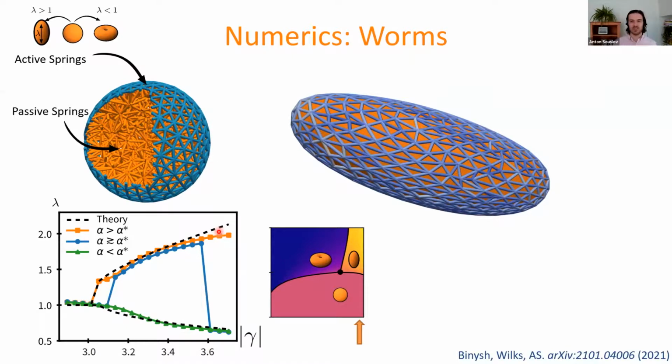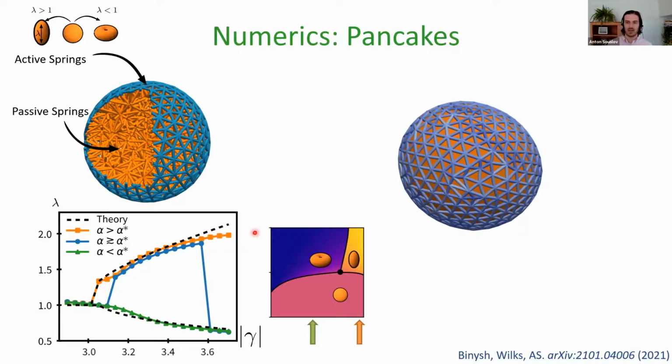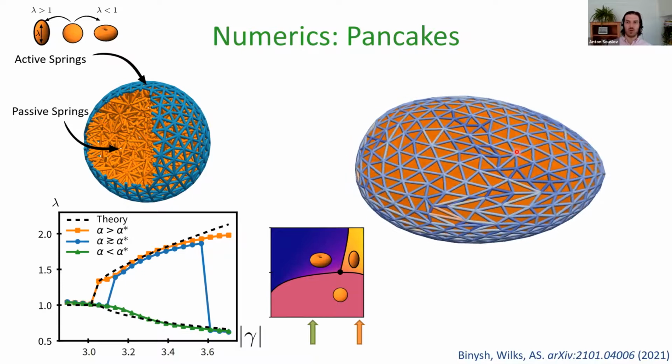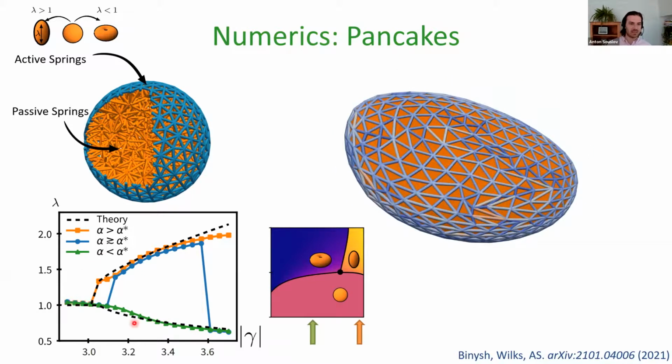And you can reproduce this agreement with other parts of this phase diagram. So for example, if you start out with a pancake, low nonlinearity, you'll form a pancake-like shape. And again, the theory and the simulations seem to agree pretty well.